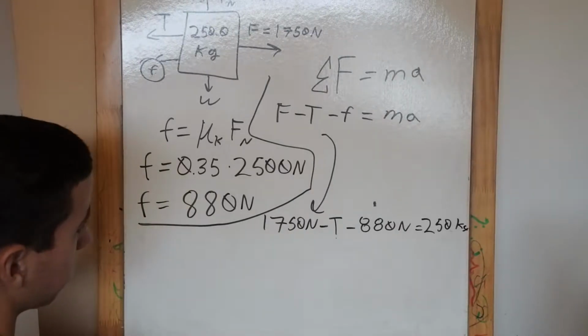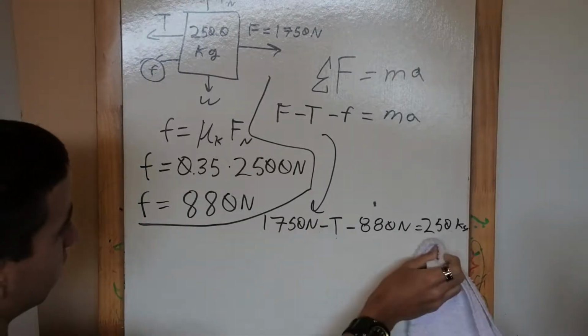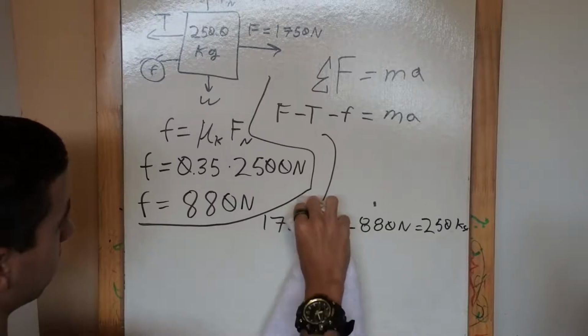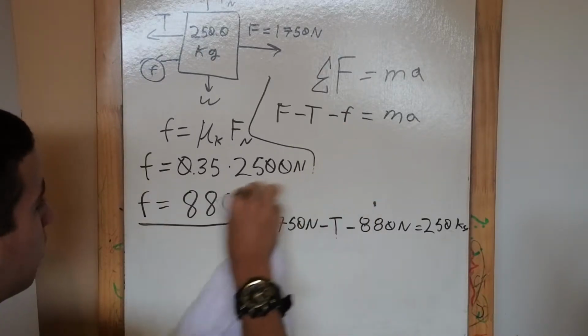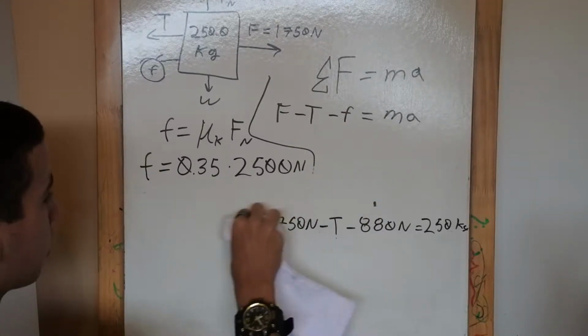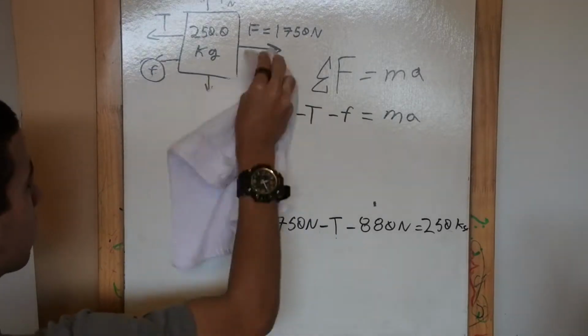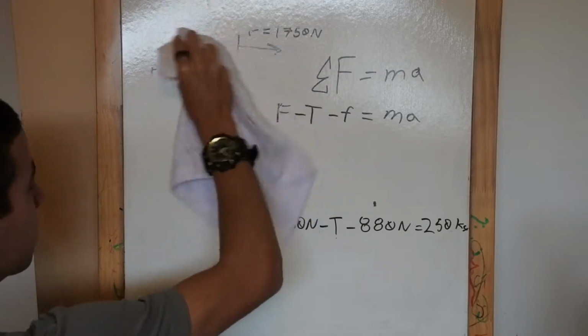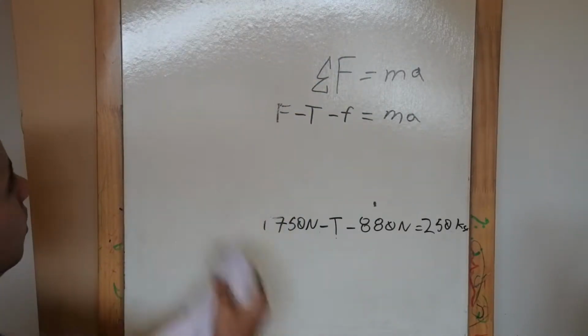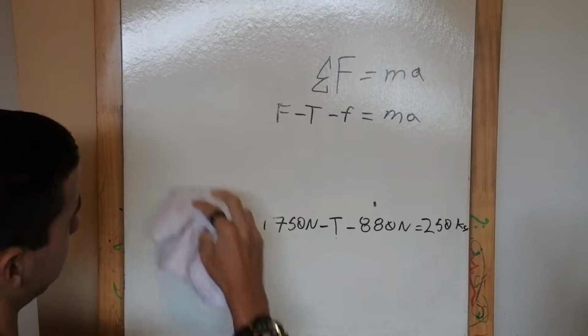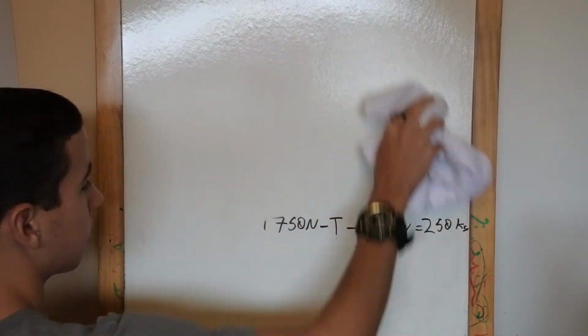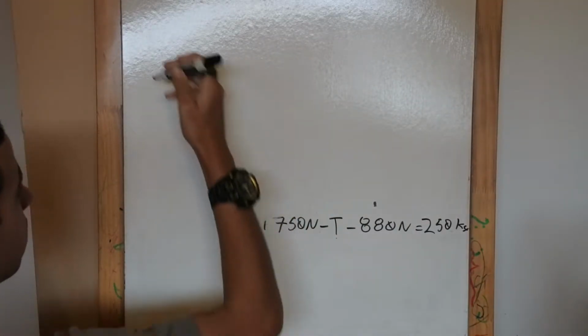So, with this equation here, we can set up what we need. So I'm going to erase this chunk over here. Alright, we're going to plug in tension. So I'm going to move this up here.